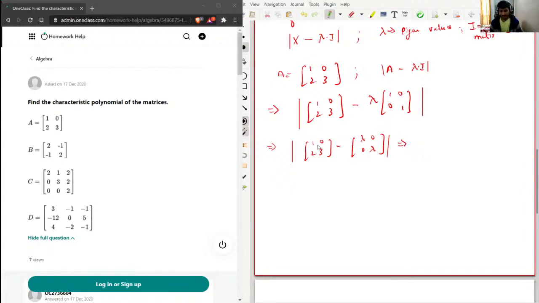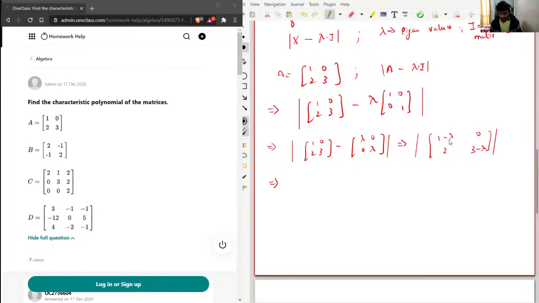Subtraction is carried out simply like each and every element is subtracted from the corresponding element of the other matrix. So this one will be subtracted with lambda. So again a determinant of 1 minus lambda. Then there is nothing for the second term, nothing for 2, and this will be 3 minus lambda. Now finally I'm going to take the determinant of this.